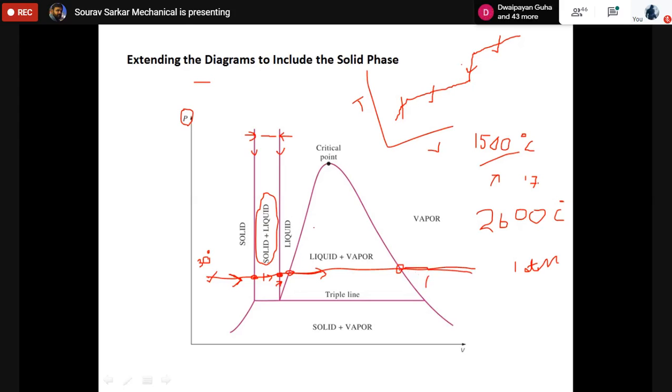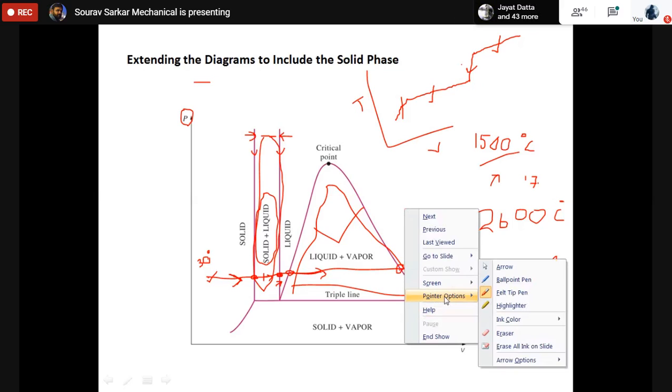This part of the diagram is known to us. Just like there is a zone where it is a mixture of liquid and vapor, here there is a zone where it is a mixture of solid and liquid.